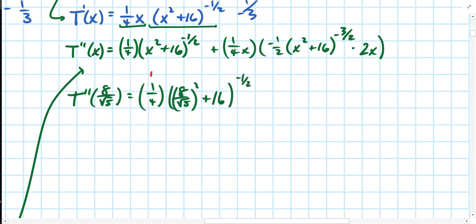So we're dealing with a positive number result here. We've got a positive plus a positive, and then 1 over that square root. So this whole expression is going to be positive from here to here. To that we add 1/4 times 5 over radical 8. That's a positive expression.